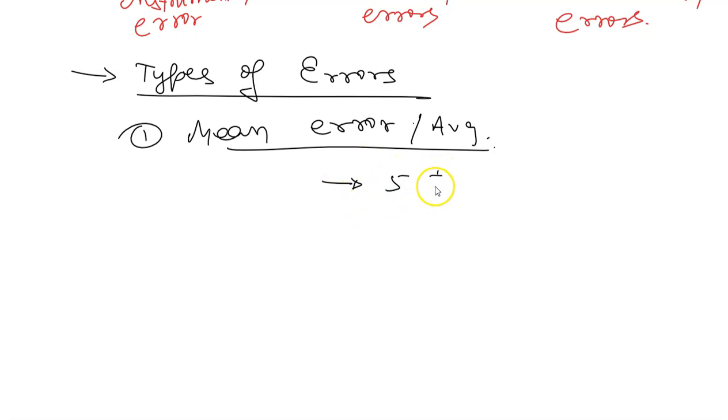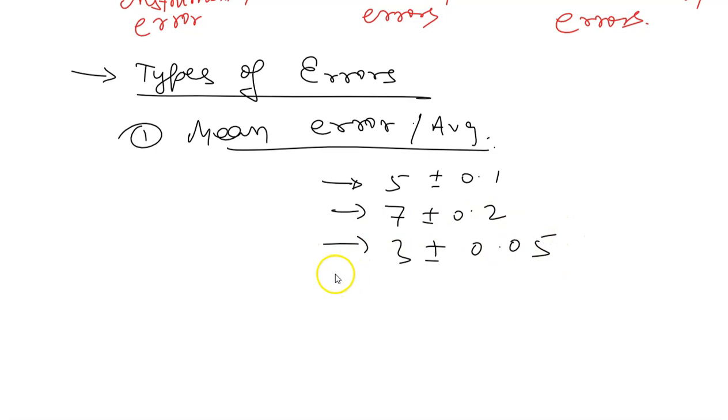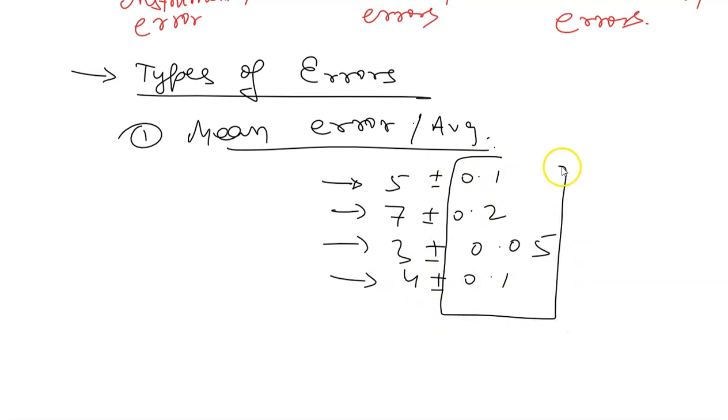You take 5 plus minus 0.1 or 7 plus minus 0.2 and then 3 plus minus 0.05. So you have taken 4-5 readings, and what you do, you take the average of the errors to get the best estimate of the error, right?